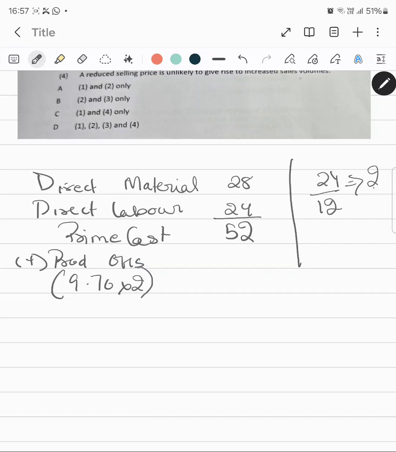So this will be multiplied by 2, and 9.7 into 2 is 19.4. So the answer is 71.4.